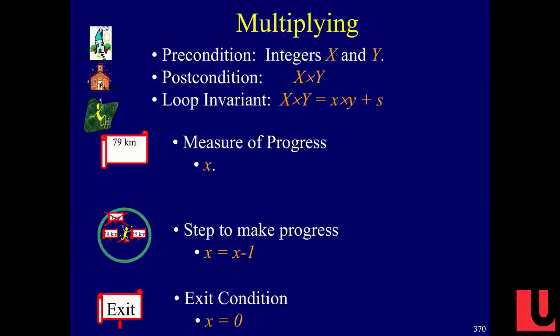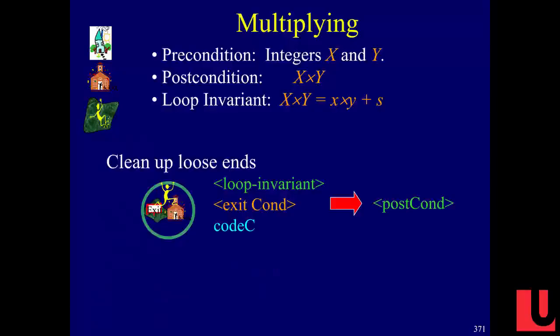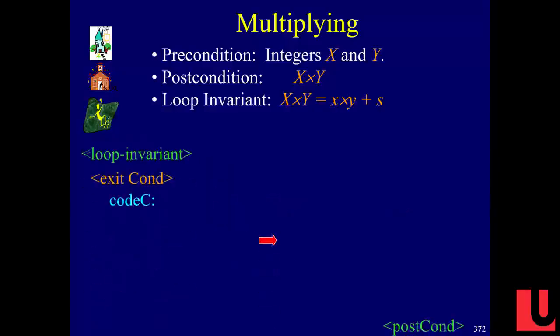We want the exit condition to be something that's obviously going to be met. We don't make it our post condition. We say, x is getting smaller, and it's an integer, so we exit when x equals 0.